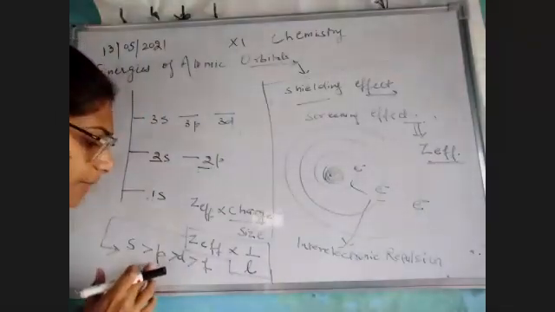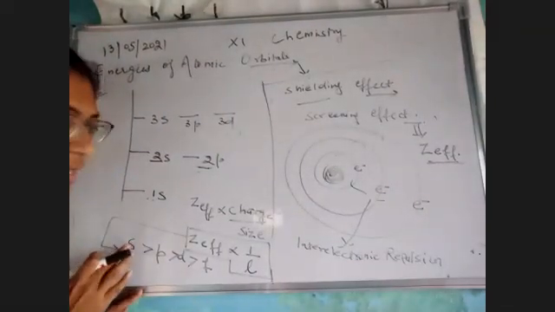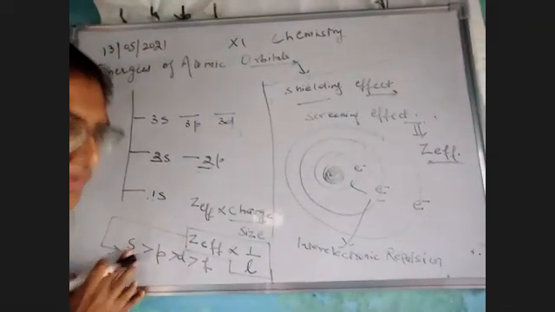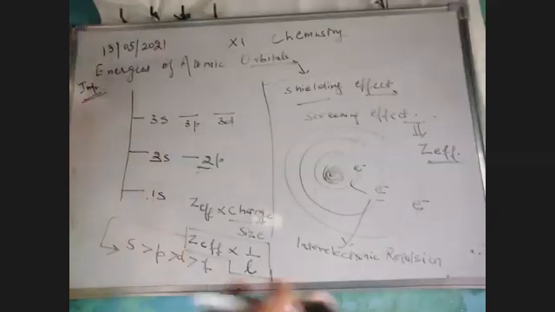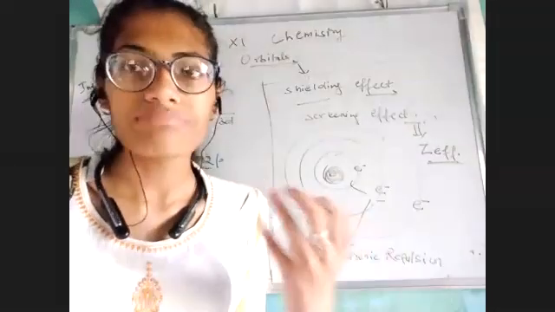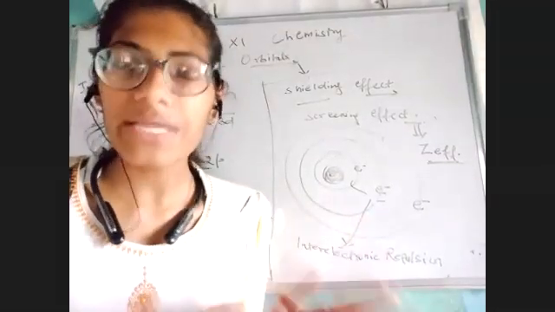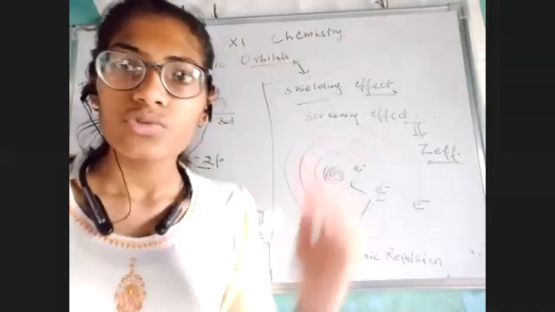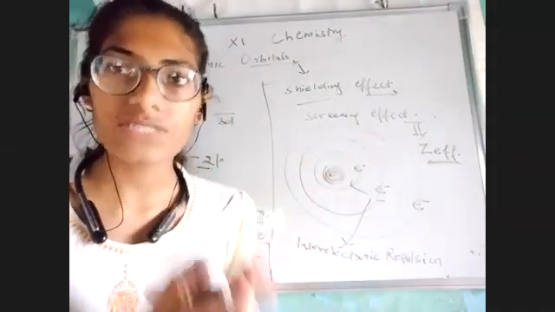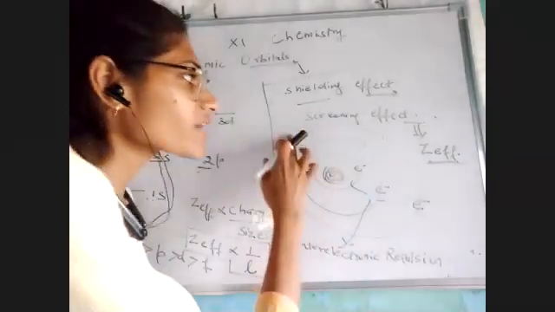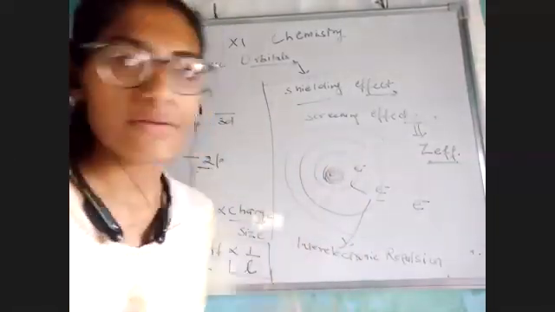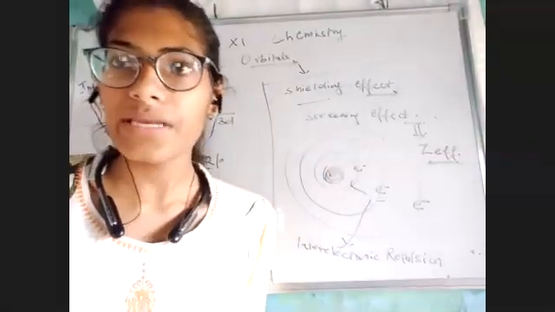Same as it is, the P would feel less. They are loosely bound, and F they have the far away. They would feel the minimum Z effective. Okay, so this was the whole concept which is based on our Z effective, or we can say shielding effect. Okay, बन रही है बात?